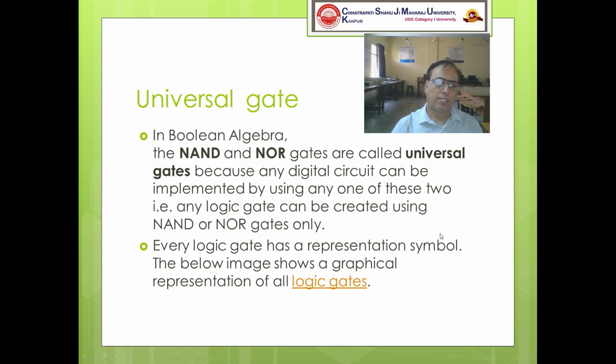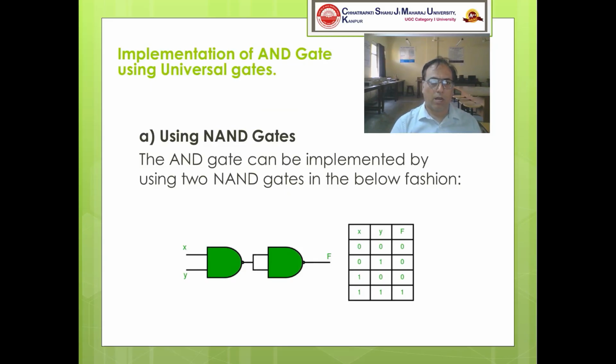As I told you, NAND and NOR gates are universal gates, as they can be used to make other logic gates. Let us see. Now I'm implementing an AND gate using universal gates.